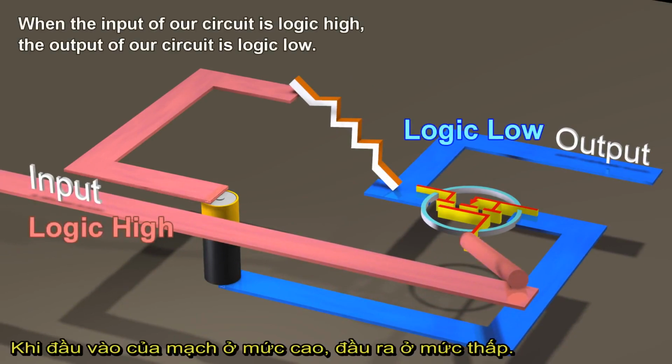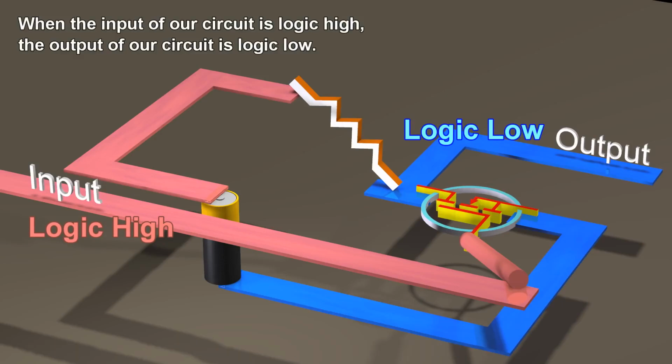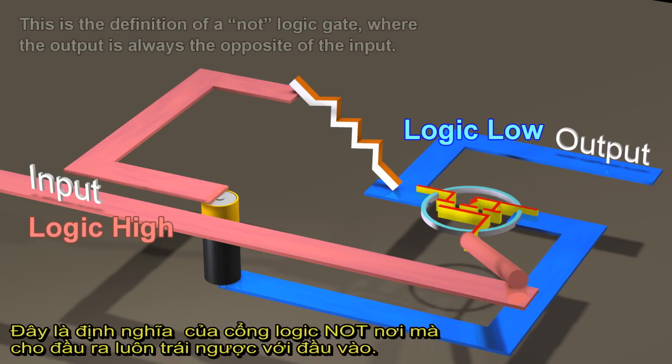When the input of our circuit is logic high, the output of our circuit is logic low. This is the definition of a not logic gate, where the output is always the opposite of the input.